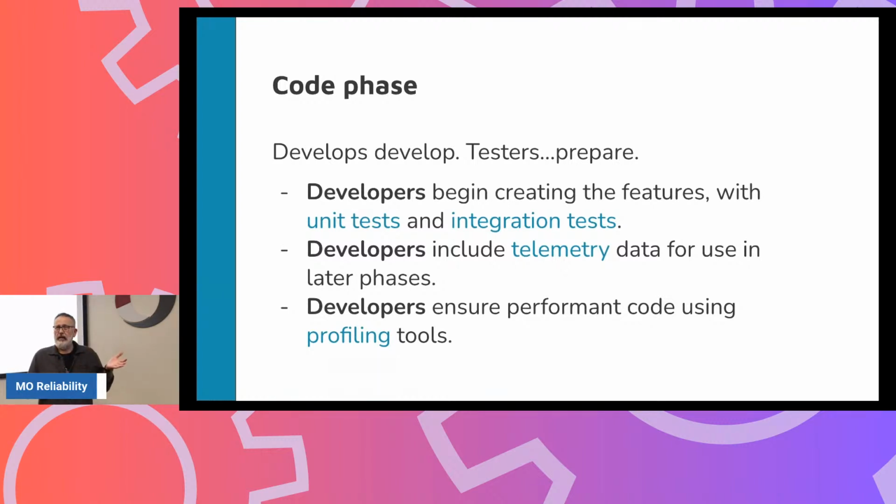The telemetry data is how they're going to be able to do that, so they need to make sure they're including it. They can use different technologies as well that don't have to be coded in, but this is probably the better method. And then again, developers are ensuring performant code by profiling. They need to do profiling before it goes beyond them.